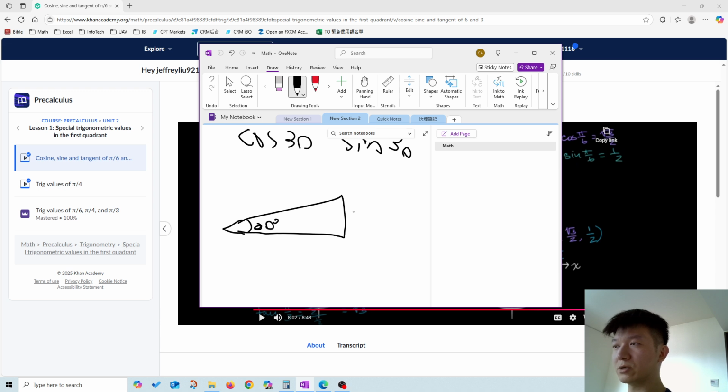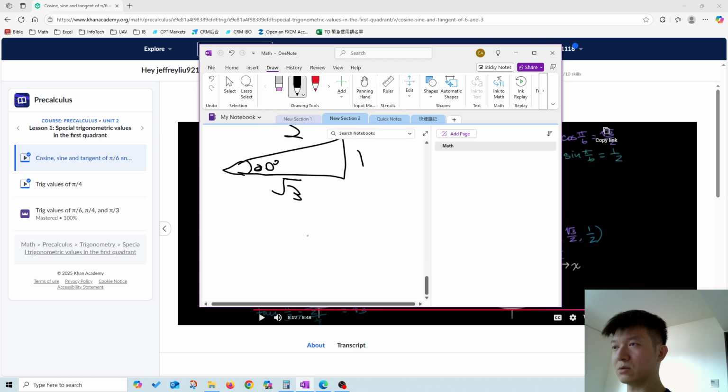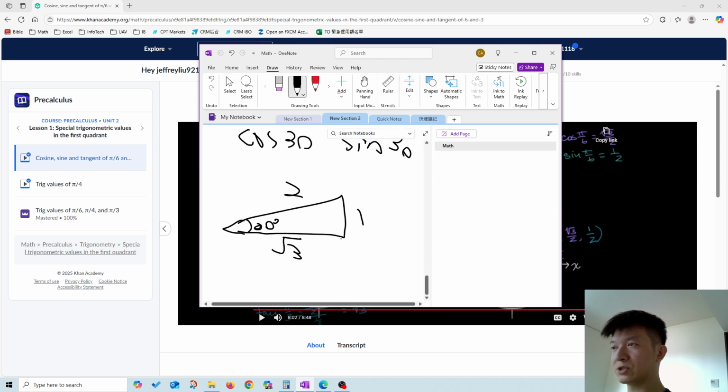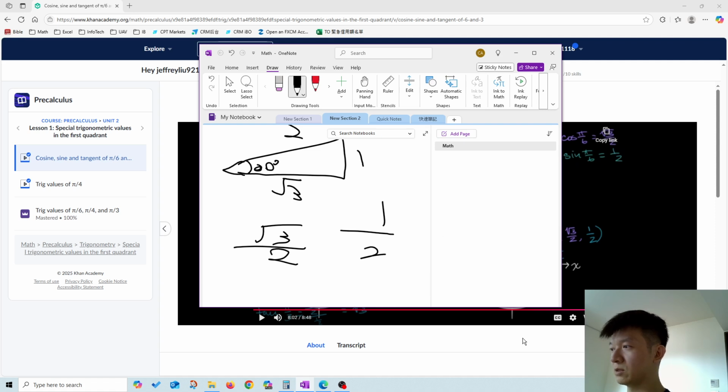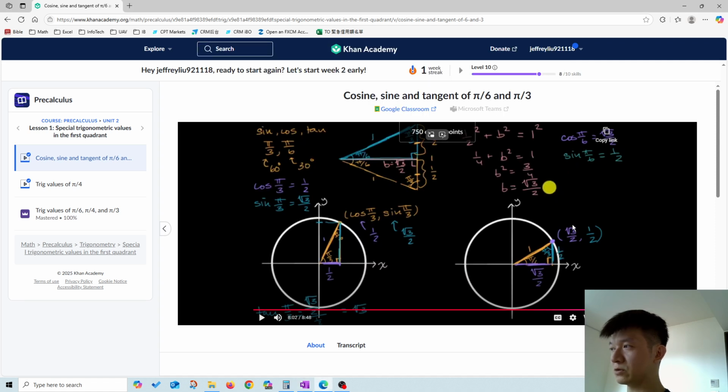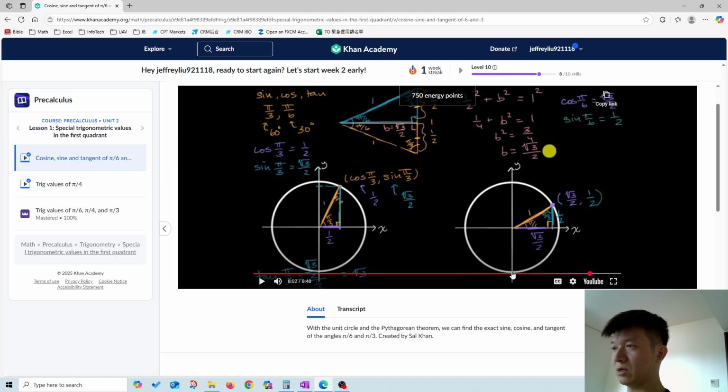So right across 30 degrees is 1, and this is 2, and this is square root of 3. So your sine becomes 1 over 2. Your cosine becomes square root of 3 over 2, right? So you can see here your cosine and your sine, and you're done, right?